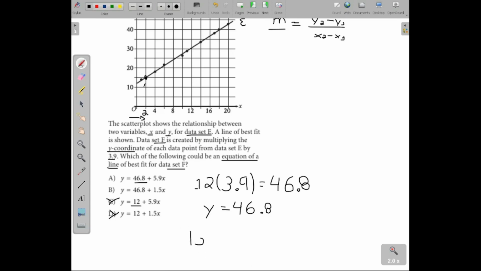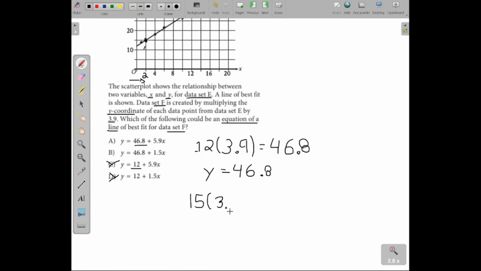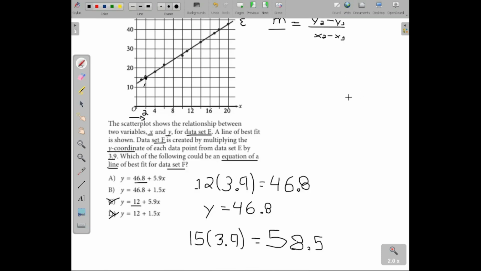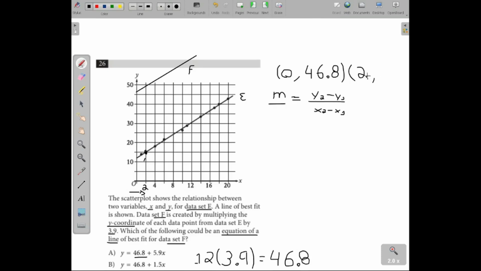But remember that we have to multiply by 3.9 because we want to find the slope of line F. So 15 times 3.9 is equal to 58.5. That's it. We have the 2 points we need. So when x is equal to 2, y is equal to 58.5.